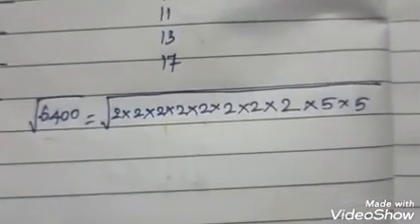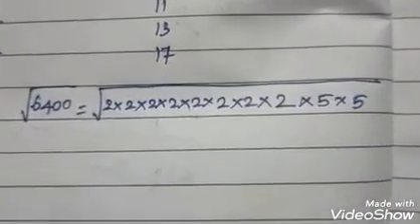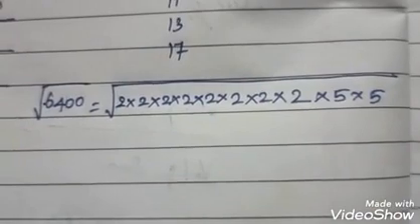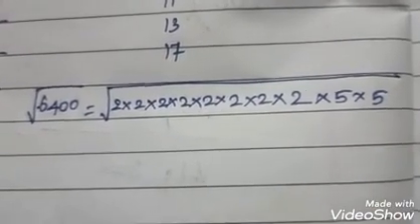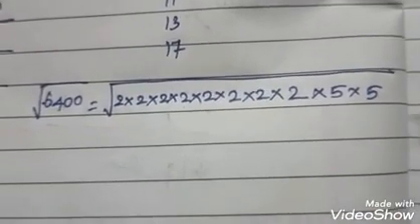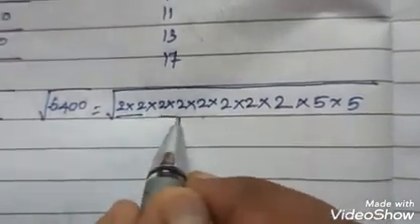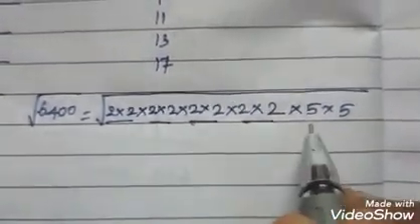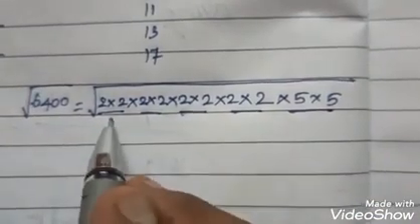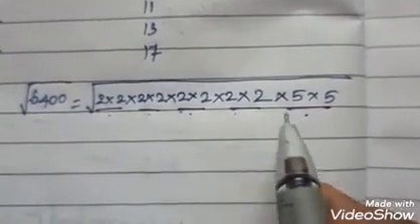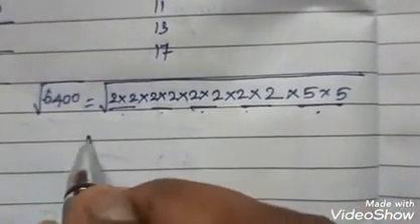So what is the concept of square root? I already explained. You need to take 1 out of 2. Before that, you need to make pairs. So how many pairs are there? 1, 2, 3, 4, 5 pairs.